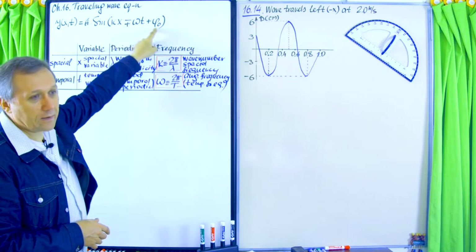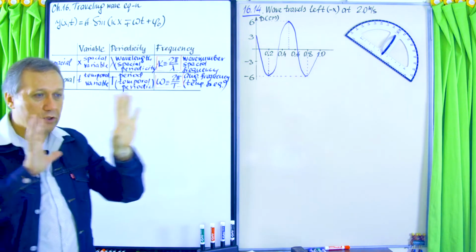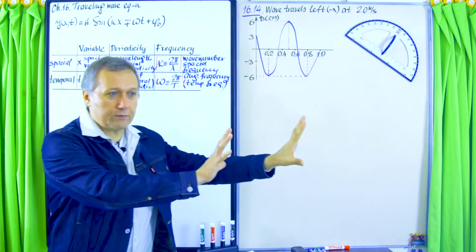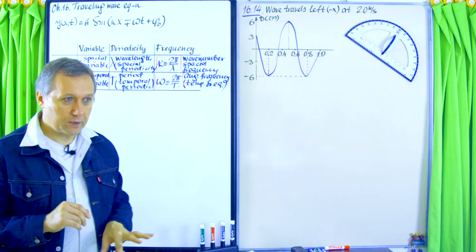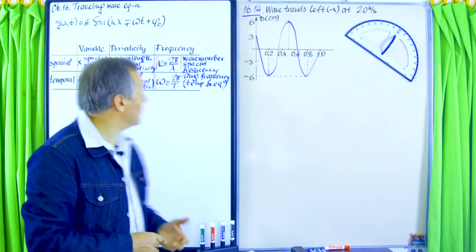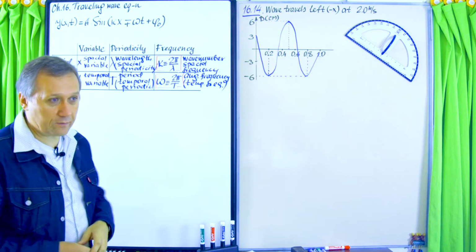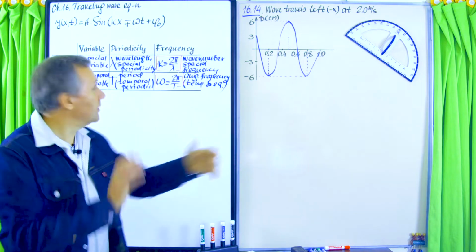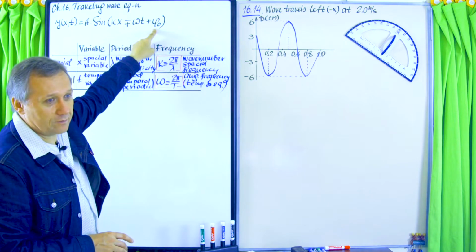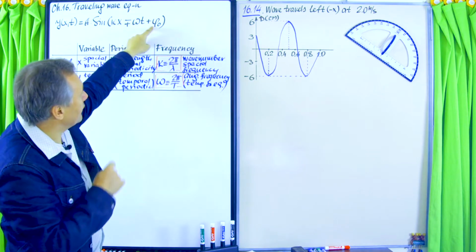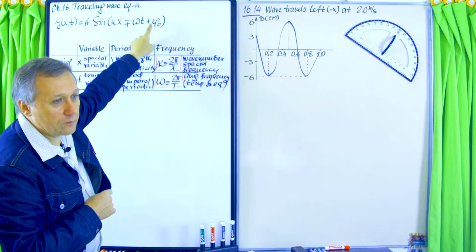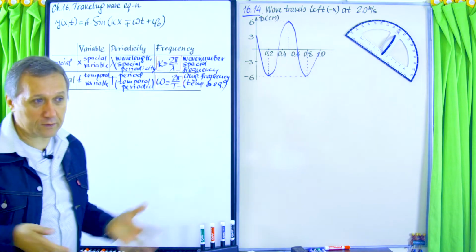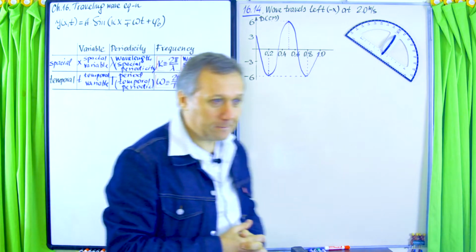So if you add this constant, it just shifts the wave either in the positive x direction or negative x direction. It's sort of like when I told you about the difference between sine and cosine function. What's the difference between them? Pi over 2. So if I add here a phi naught, let's say equal to pi over 2, then I can write it in terms of cosine function. You remember high school stuff, right?